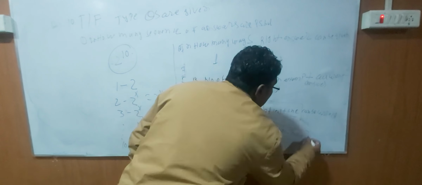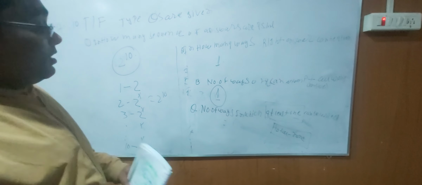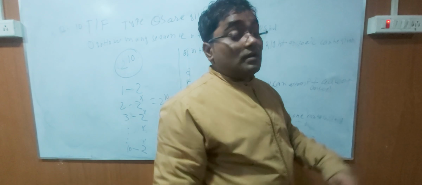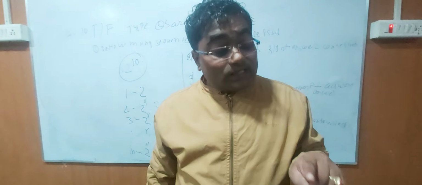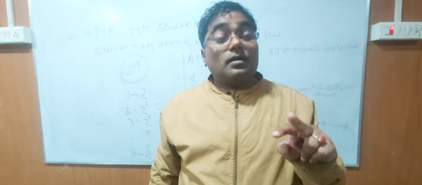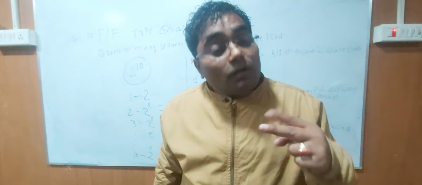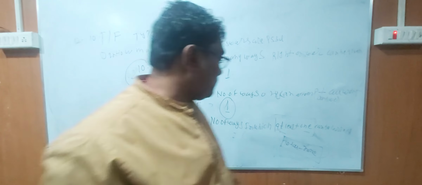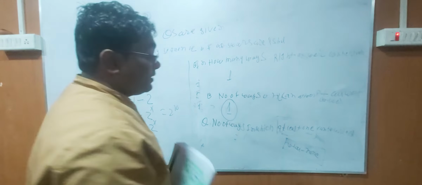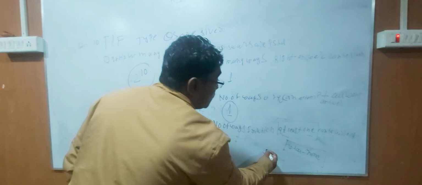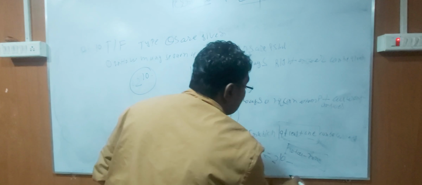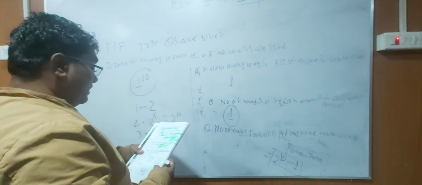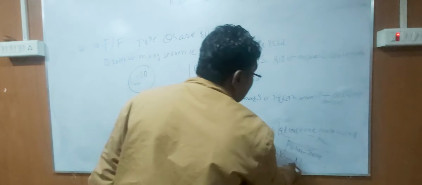Always total minus none. At least one means minimum one; 2 is possible, 3 is possible, 4 is possible, 5 is possible. Then total possibilities for 10 questions is 2 to the power 10, and none correct is 1. Then the total number of ways is 2 to the power 10 minus 1.